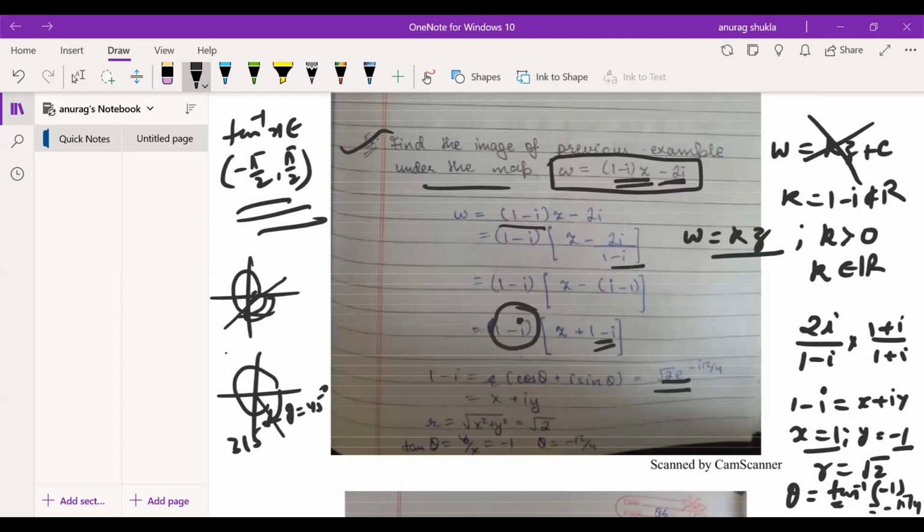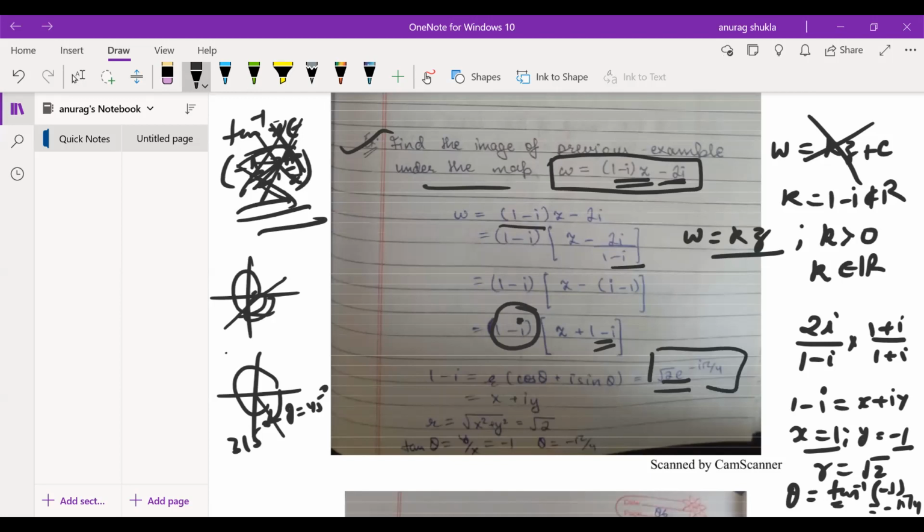You can take the second quadrant also, but x is positive and y is negative, so that is not correct here. We can take 315 also, but 45 looks simpler from the clockwise direction. You can also take 315, there is no problem, but we have taken the fourth quadrant because x is positive, y is negative.